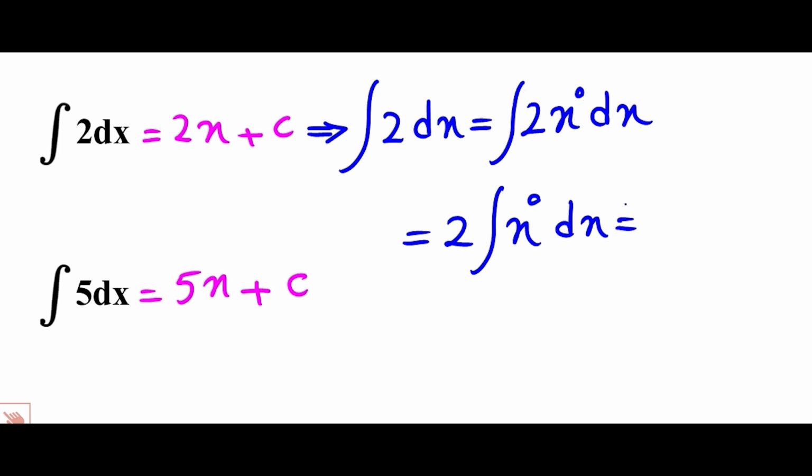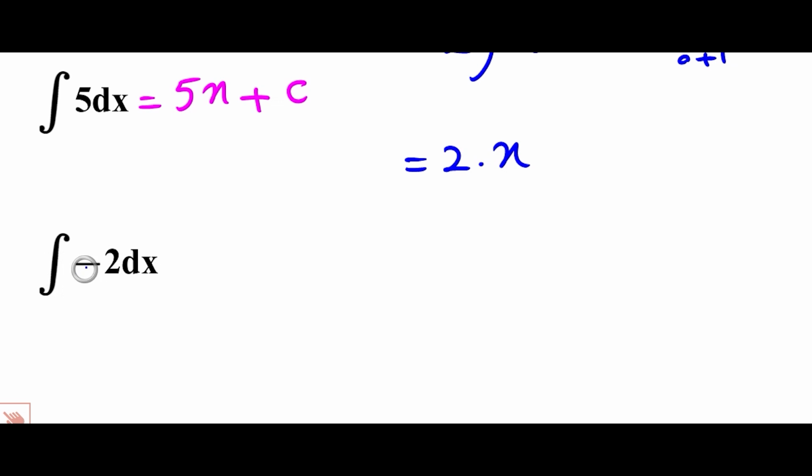So we have 2 times the integral of x to the power of 0. We use the power rule. We have 1 over 0 plus 1 x to the 0 plus 1. So we have 2 times 1 over 1 equals 1, and x to the power of 1 equals x. So the integral of 2 dx equals 2x.